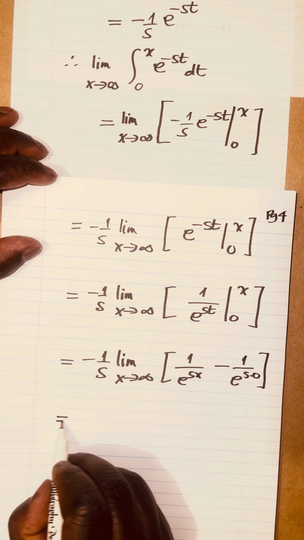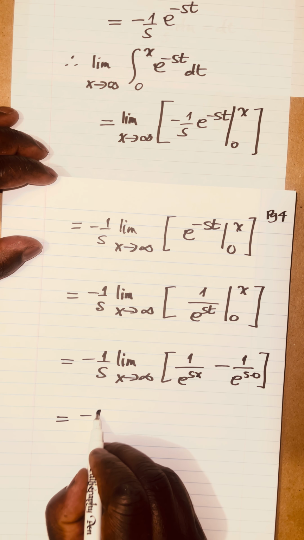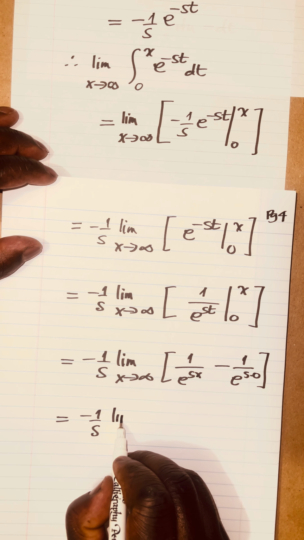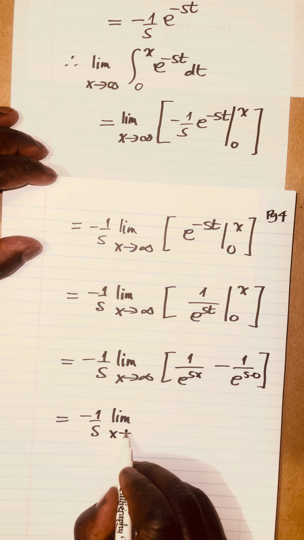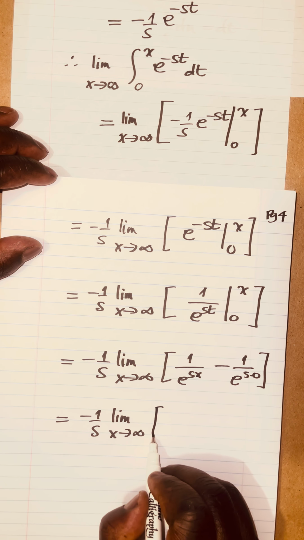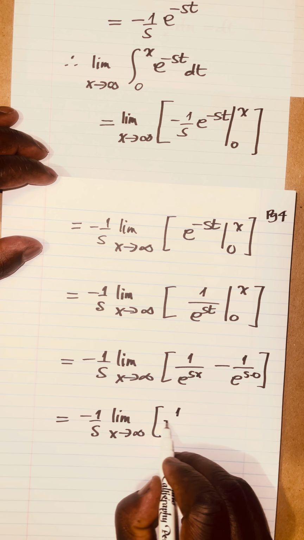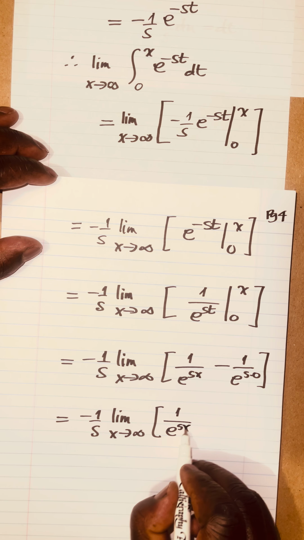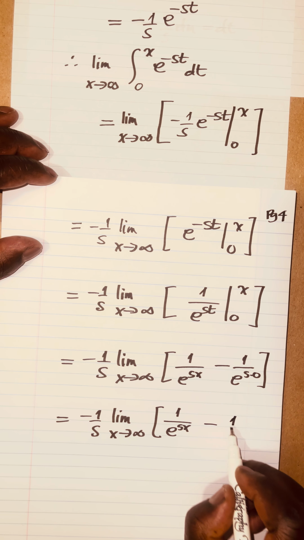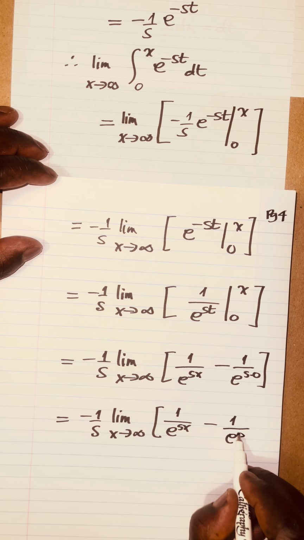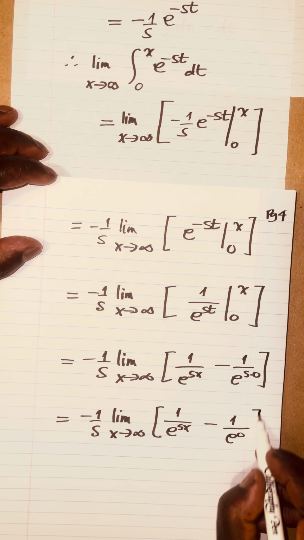This simplifies to minus 1 over s times the limit as x approaches infinity of 1 over e to the power sx minus 1 over e to the power 0, because s times 0 is 0.